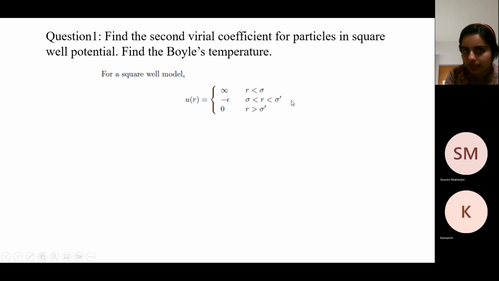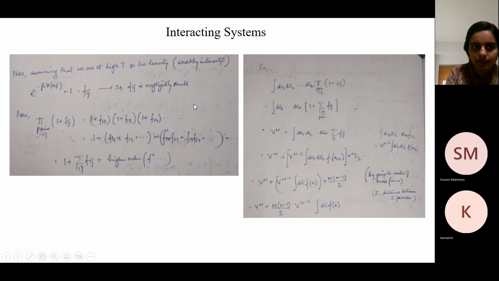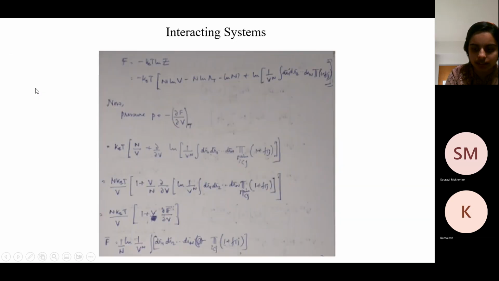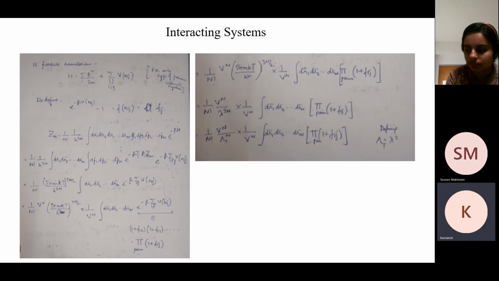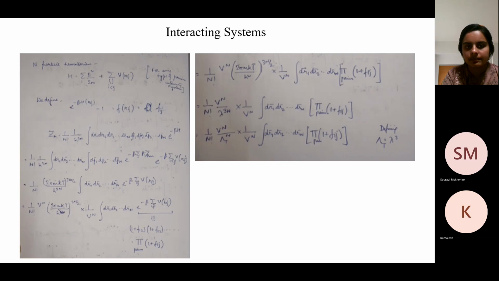Then from sigma to sigma prime, in place of the potential, it would be minus epsilon. And beyond sigma prime, it will be 0. So put that value of u here, which corresponds to the potential. That is the v in this formula. Okay, ma'am. Yeah.